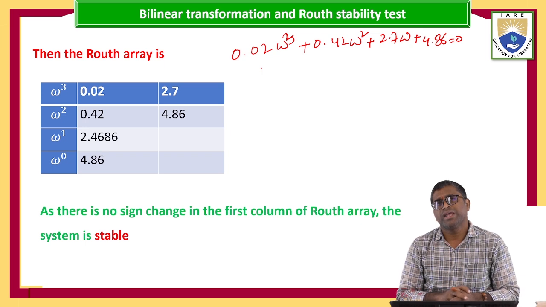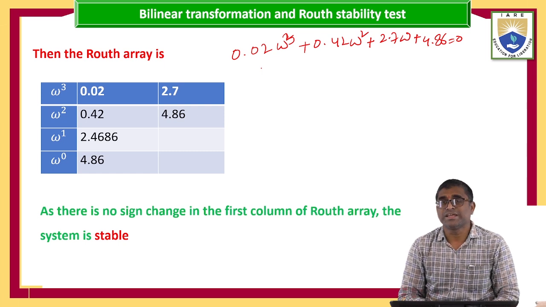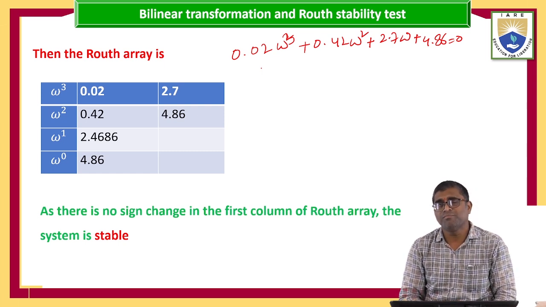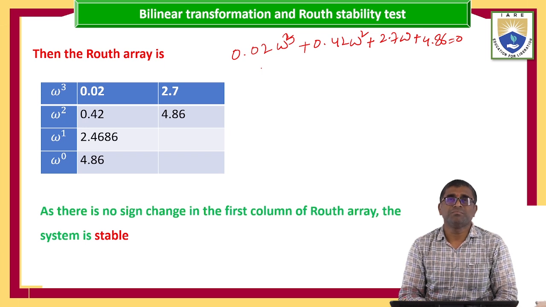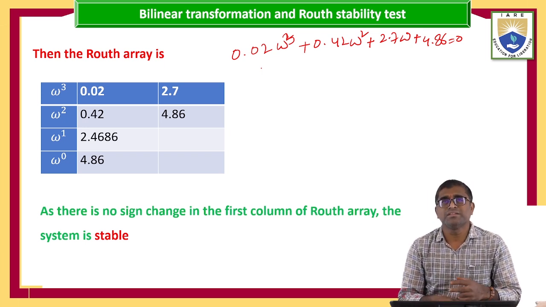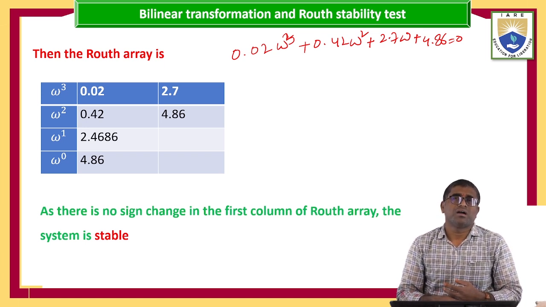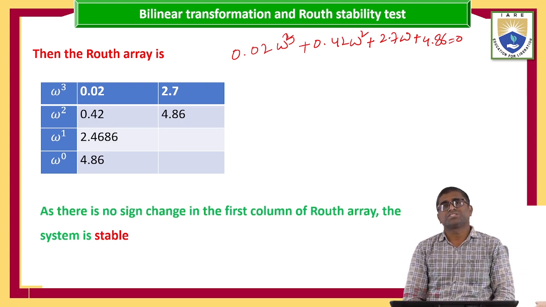So, make the Routh array table. Already we know that in a control system, the Routh table is formed with some properties. The first two elements are from the modified characteristic equation.